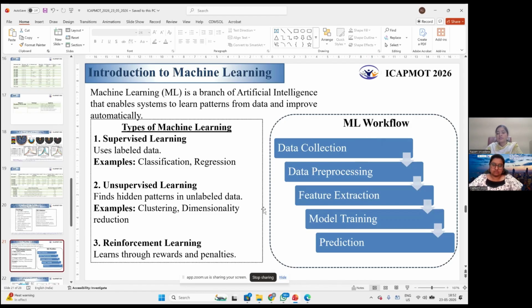Then after data pre-processing comes feature extraction, which is all about extracting the important features that matter in the process of detection or prediction. Then the model is trained, and after that prediction is performed. So this is basically the machine learning workflow.